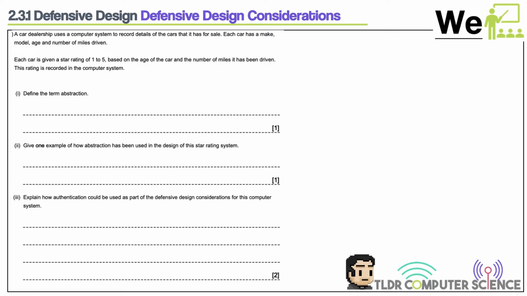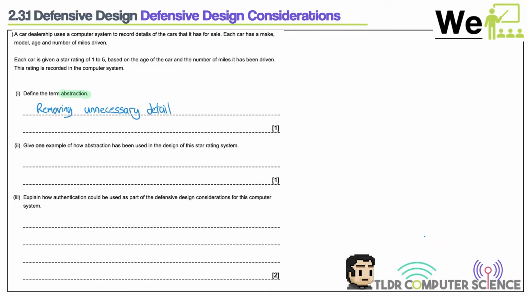Define the term abstraction. So along with decomposition and algorithmic thinking, these are one of the key computational thinking terms we have to understand. So I may define abstraction as removing unnecessary detail.